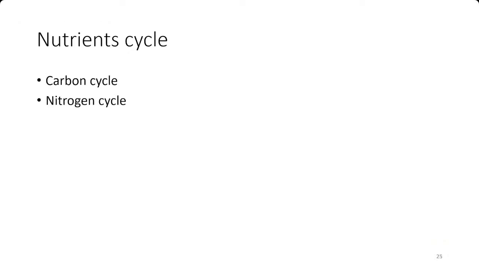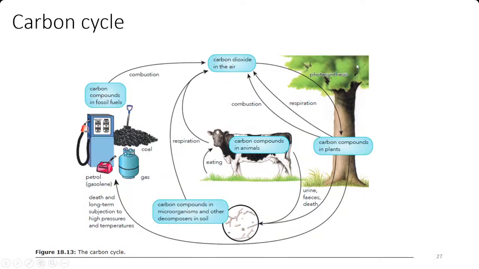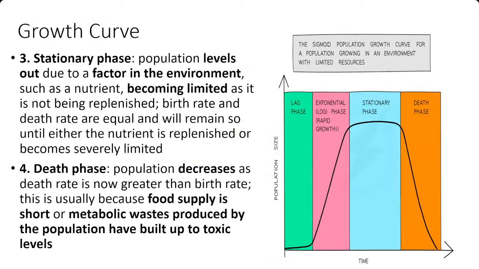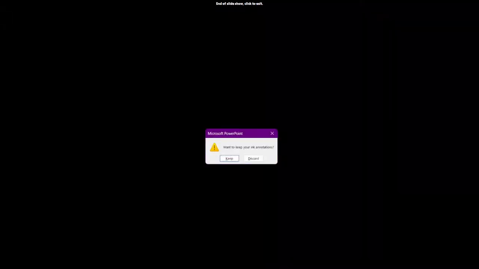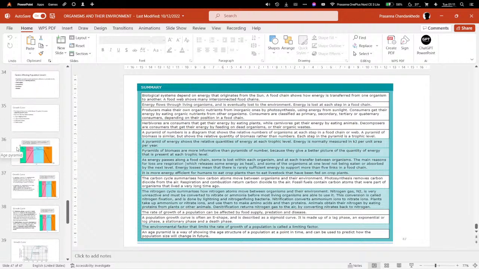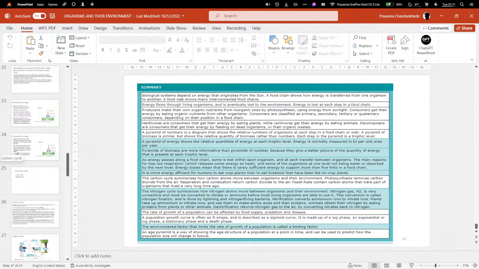I'm just going to skip through. Okay, so we have the nitrogen and carbon cycle, but I'm too lazy to read through all of this. Let me just see how much we have. I'm just quickly going to read through it in my mind because I want to finish this really fast.